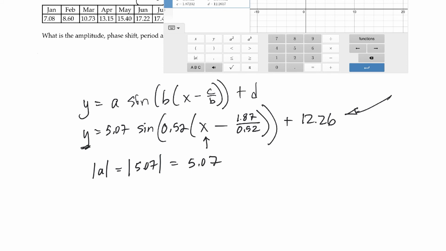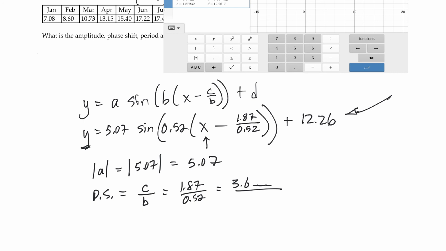To get the phase shift, that's C over B. So C is 1.87, B is 0.52. When I divide those two, I think I get 3.6 something.